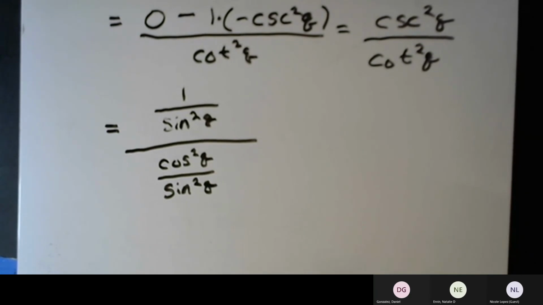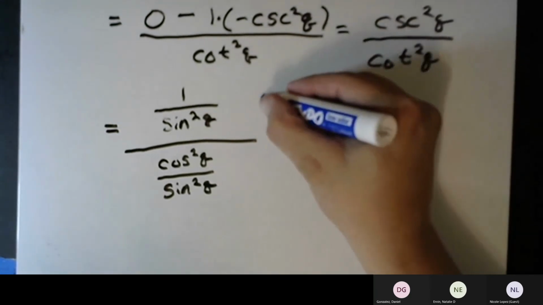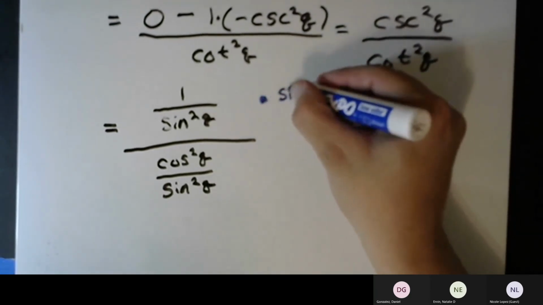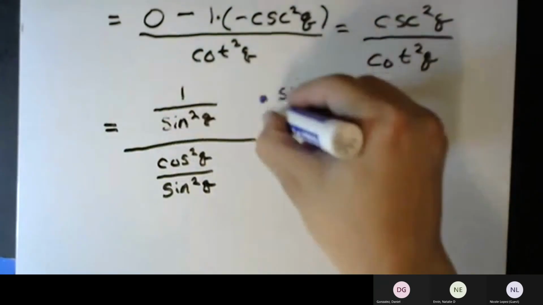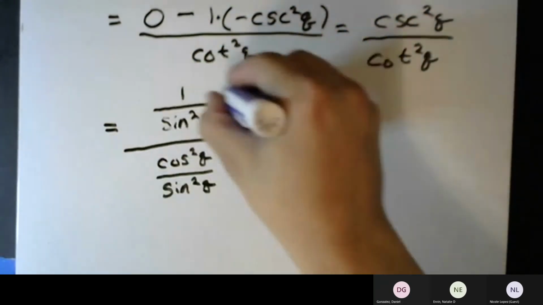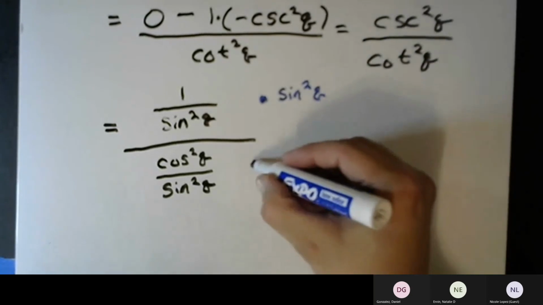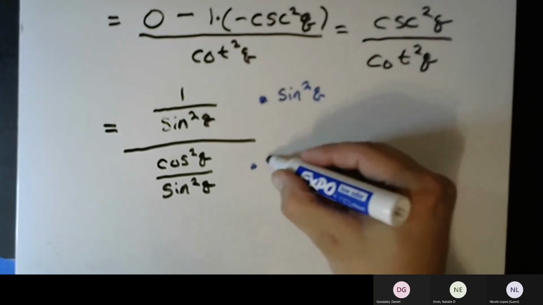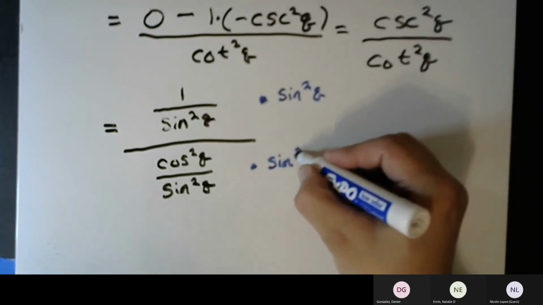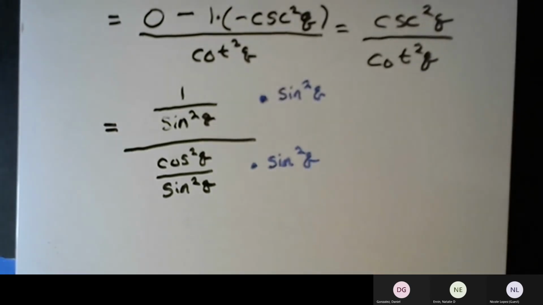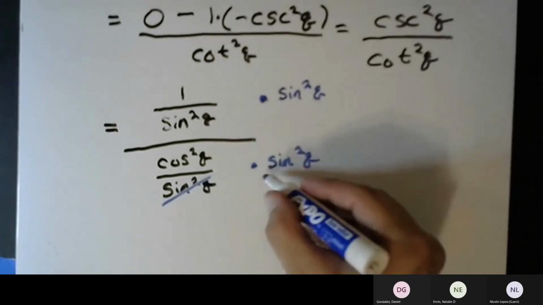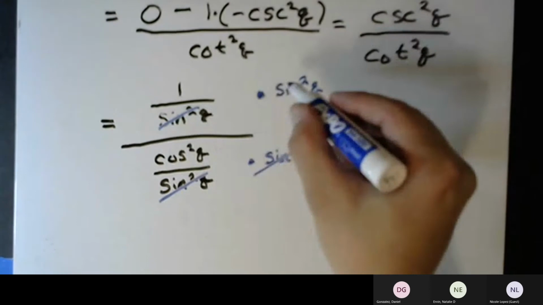So what we can do is multiply this complex fraction, the numerator, by sine squared q, and the large denominator by sine squared q. And it'll cancel with the sine squareds here.